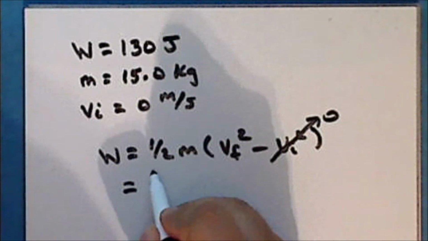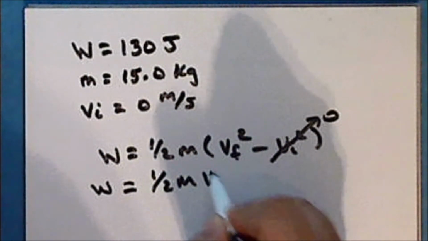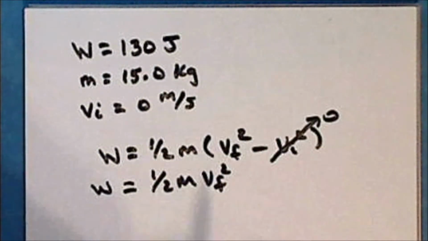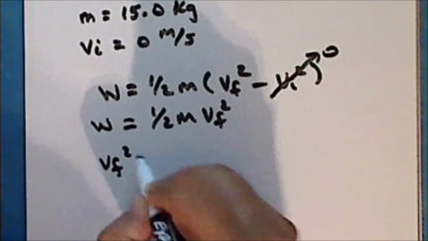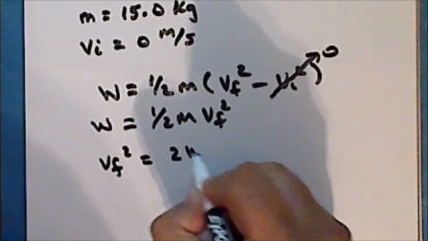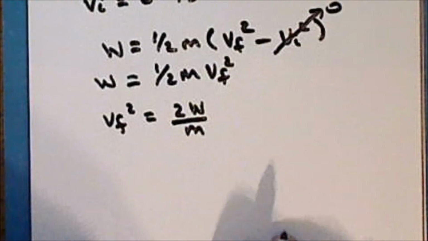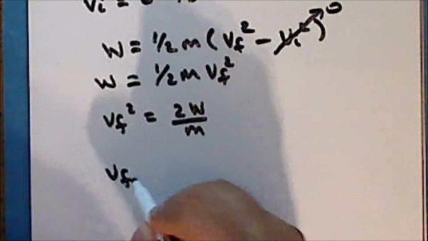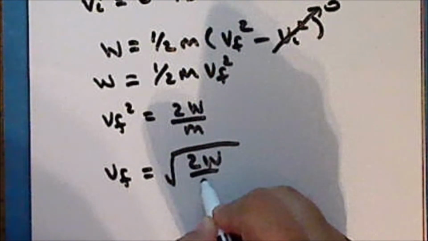And so we have that the work is equal to 1/2 the mass times the square of the final speed. So the final speed squared is 2 times the work divided by the mass, so that the final speed is the square root of 2 times the work divided by the mass.